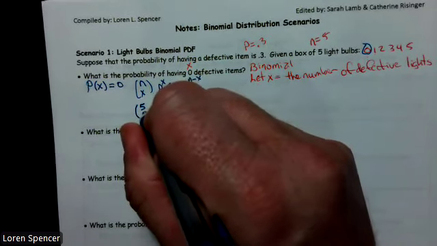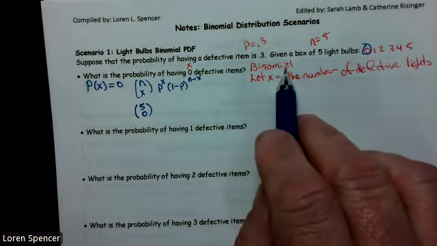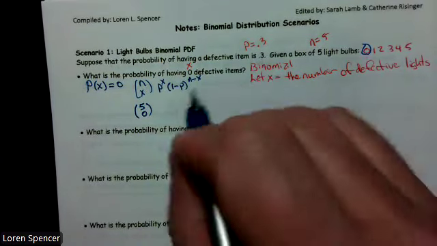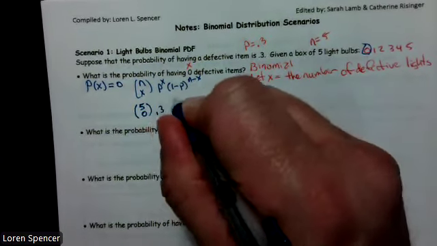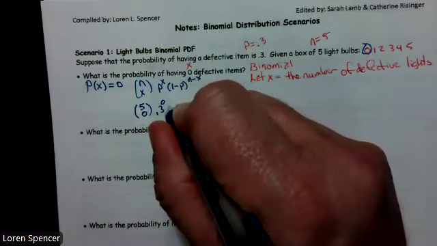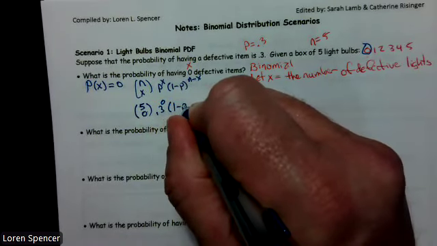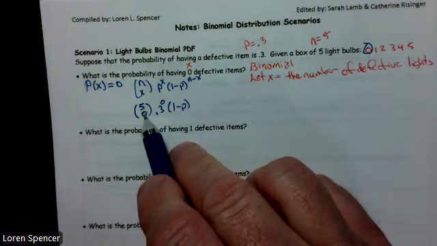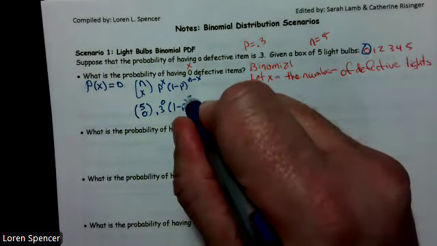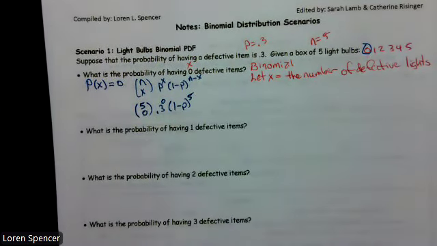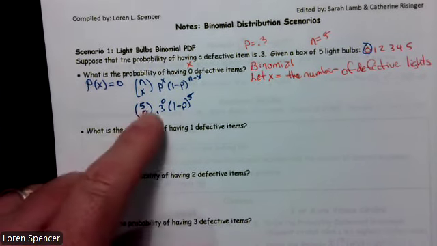How many successes? I want 0. Our probability of success was 0.3. So 0.3 to the 0 times 1 minus P, and this is going to be 5 minus 0, which in this case is just 5. Okay, so we've now plugged into the formula.